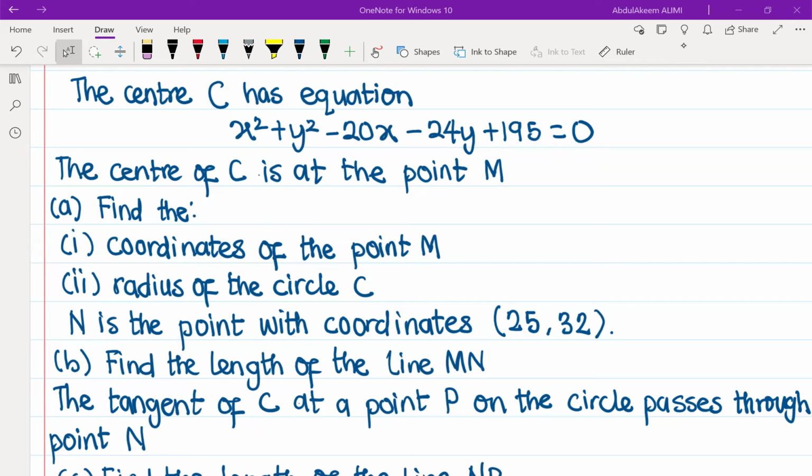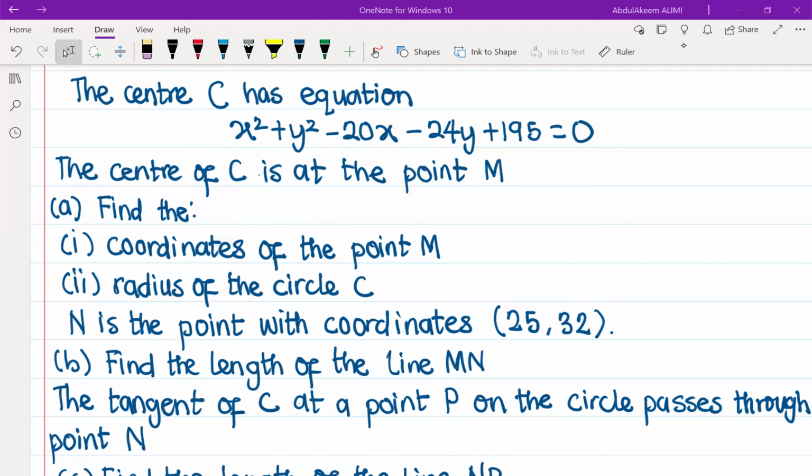So we have this question to solve today under the equation of a circle. The first one is, the circle C has an equation x squared plus y squared minus 20x minus 24y plus 195 equals 0.